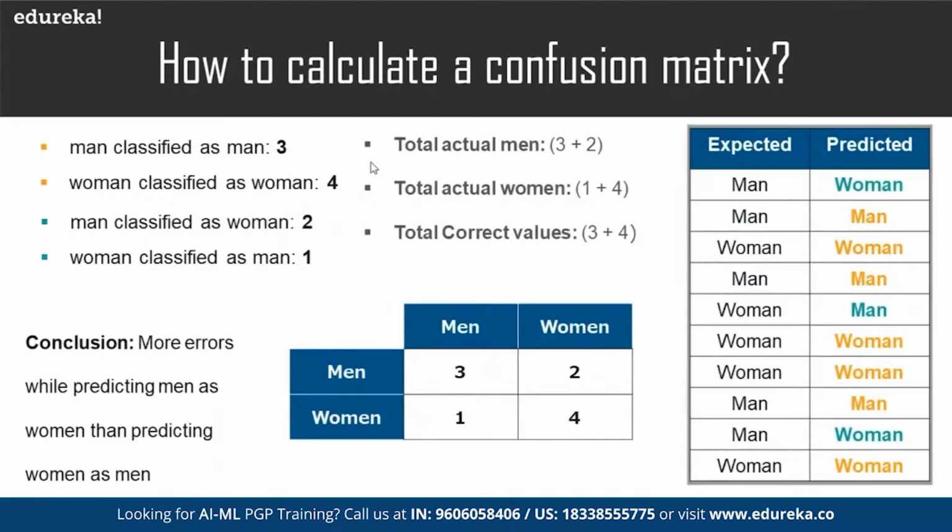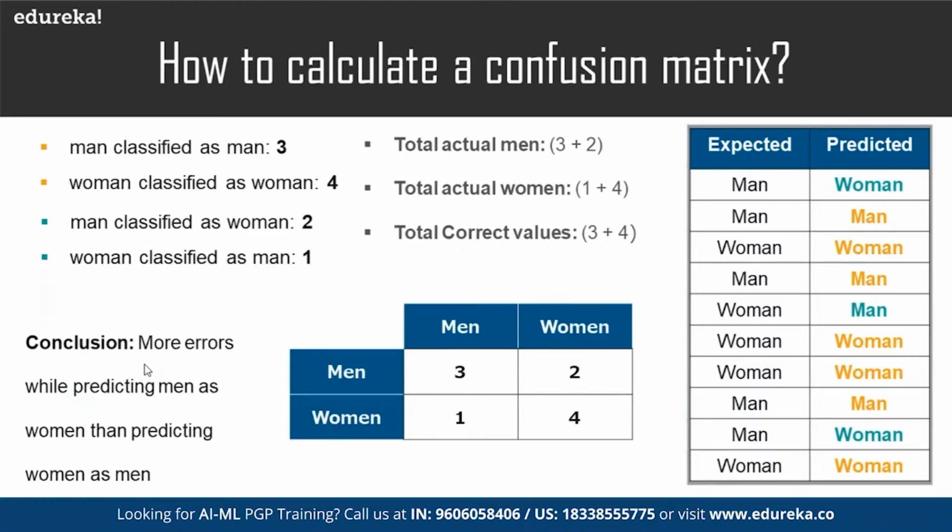So moving ahead, how we go about calculating it is again mathematical stuff. We use true positive, false positive, true negative and false negative, and this is how we get to have the errors here. And the conclusion, as per this example: whenever a man is classified as a woman, say 3, that is a value we are giving just for the sake of the example.